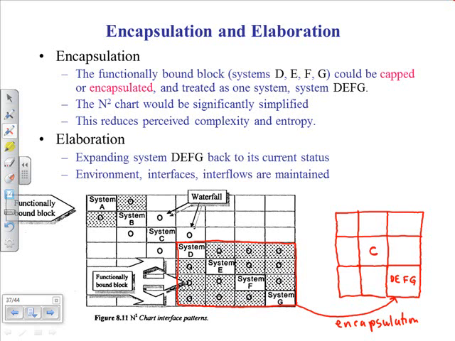I can encapsulate A and B, and I'll call this AB. I can put it right here. So encapsulation means I move from this n-squared chart to this one, and then I can move back here if I do elaboration.